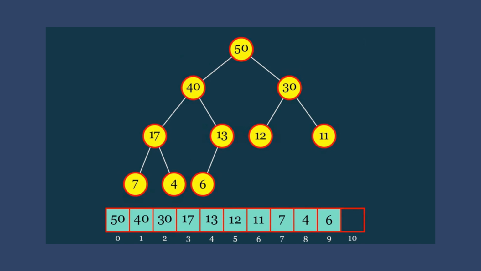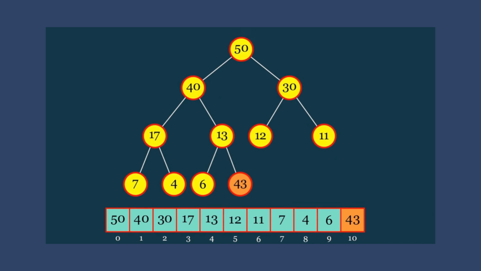Now let's take a look at how insertion works in a max heap. Suppose we want to insert the value 43 into our max heap. To do this, we first append 43 to the end of the array, which is equivalent to placing it in the next available leaf node in the complete binary tree structure. Now the newly inserted element might be violating the max heap property.